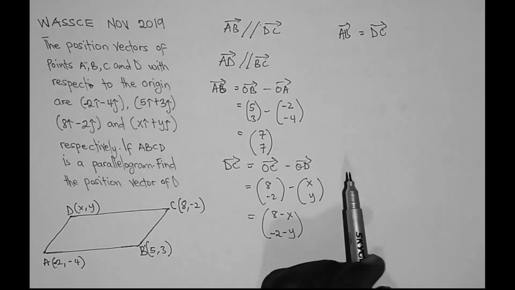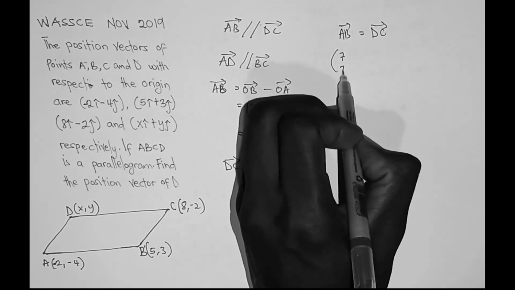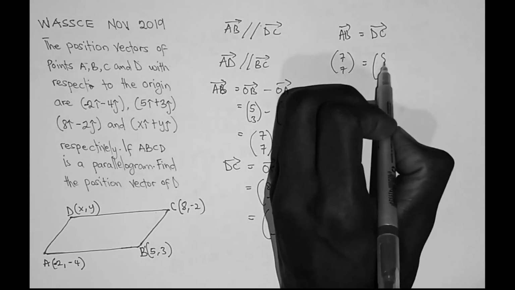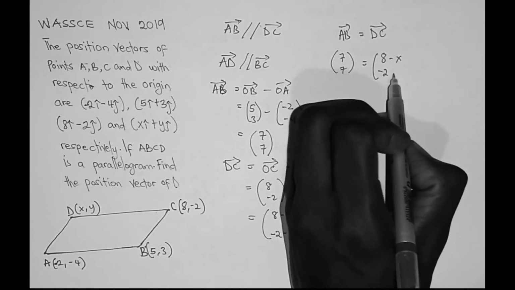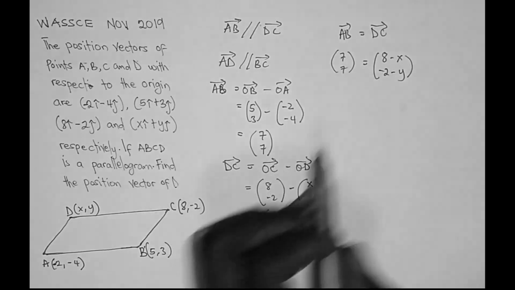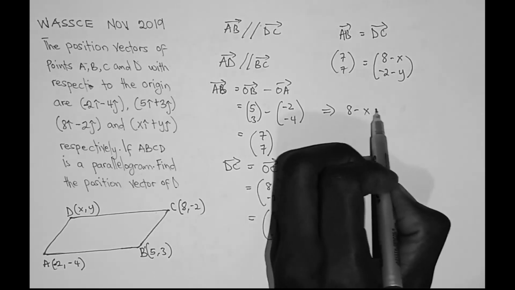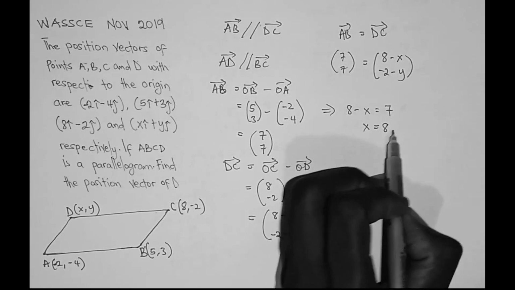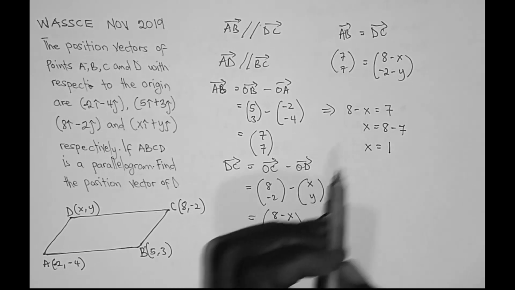And since they are equal, it implies that AB is what? 7, 7 equals DC, which is 8 minus x and minus 2 minus y. So this implies that 8 minus x is equal to 7 and x is equal to 8 minus 7. So x is equal to 1.